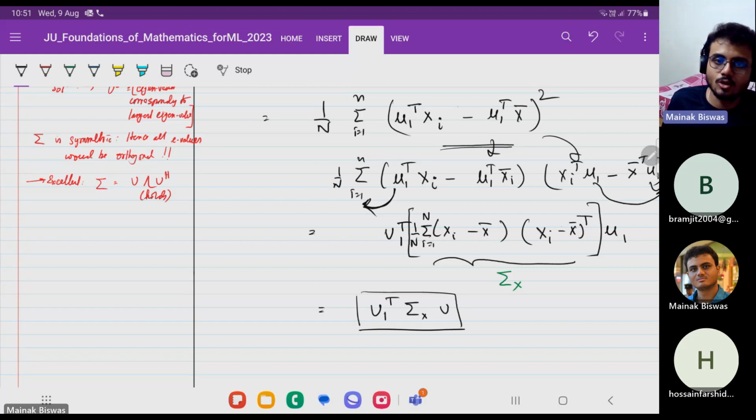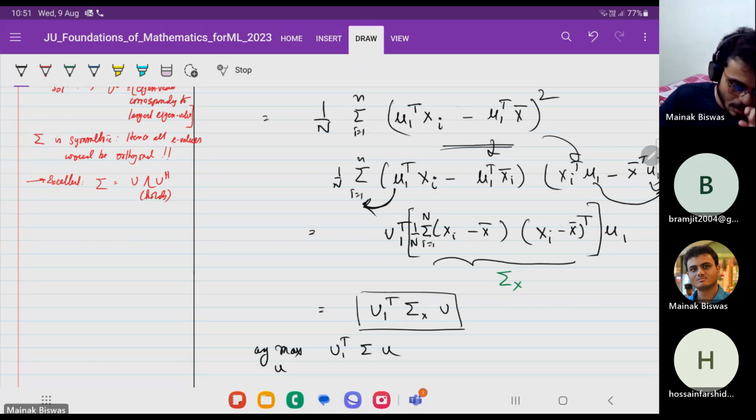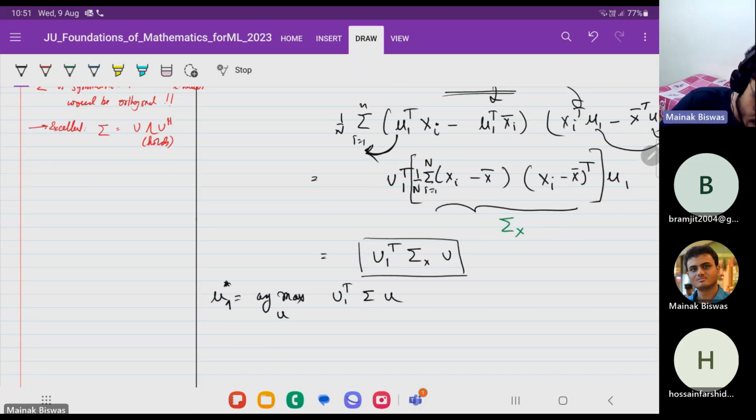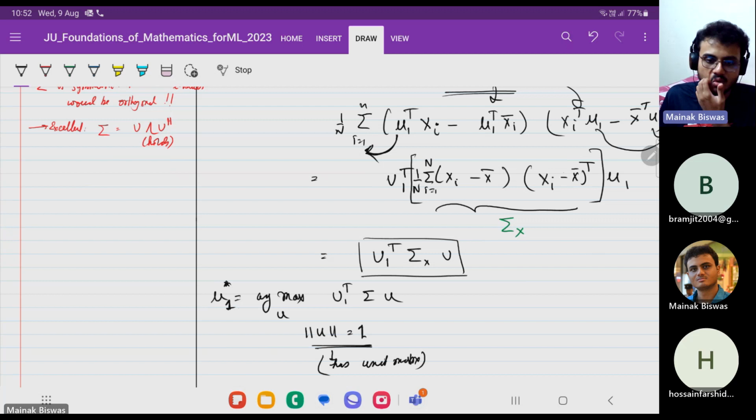So what are we trying to do? We are trying to maximize, arg max over U, U1 transpose sigma U. This will give me U star or U1. What is the constraint that you will have? U1 transpose U1 is equal to 1 because it has to be a unit vector. I will discuss Lagrangians with you in the 9th session. But for optimizing a function, what did you do?